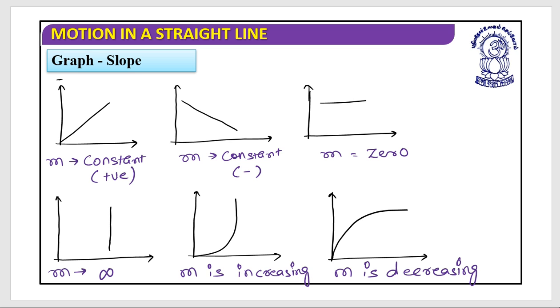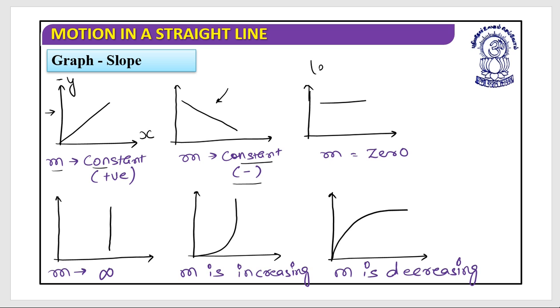This was the y-axis, this was the x-axis, and we have different patterns of the slope. In the first pattern, if the graph looks like situation 1, then I can say the slope is constant. In the second situation, the slope isn't constant, but it has a negative value.